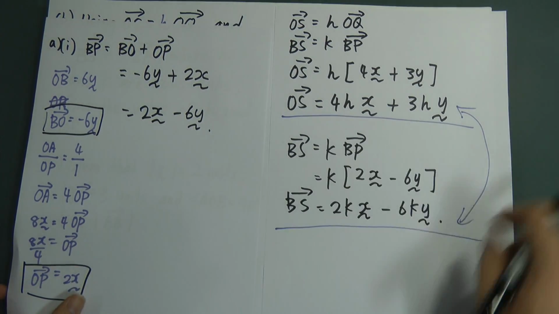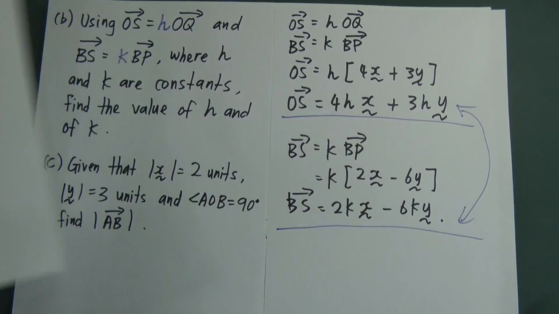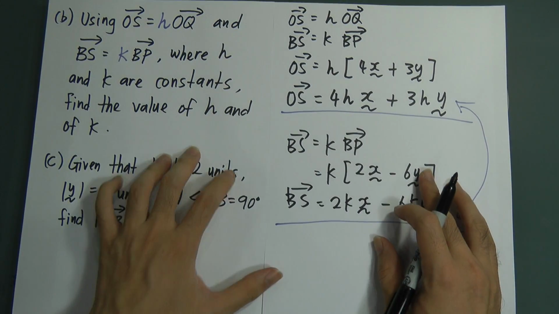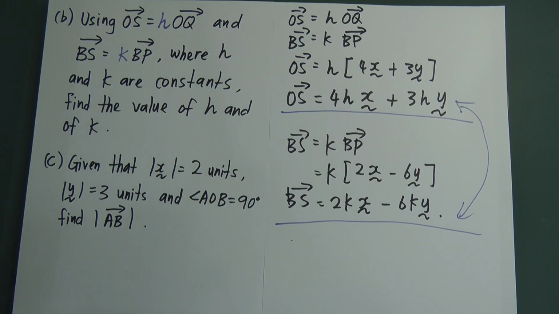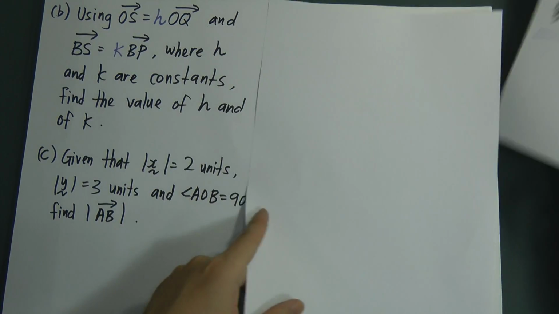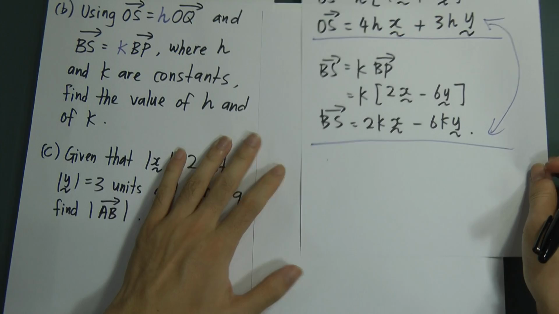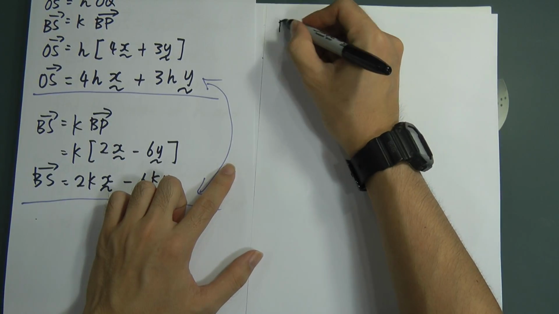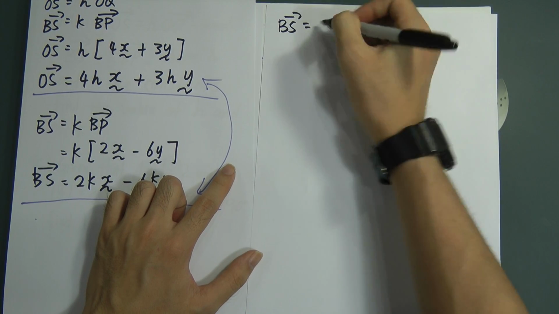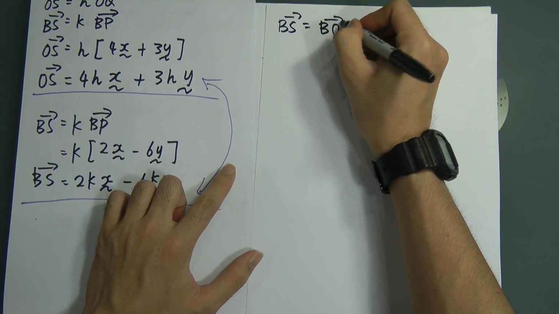In this case I expand BS. When I expand BS, it will become BO plus OS.